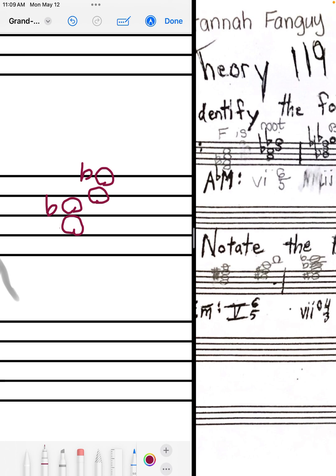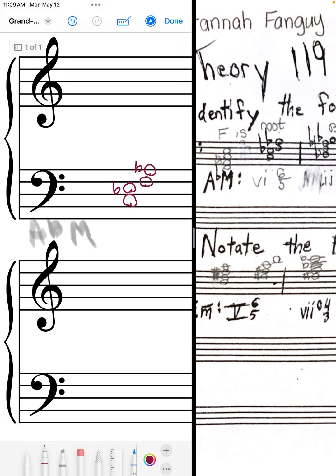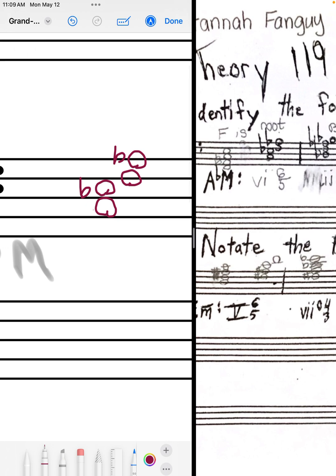F should honestly be the third. The fifth would have to be the A flat, and then C flat being a fifth. Okay, number one, that is a no-no. I can say that much.